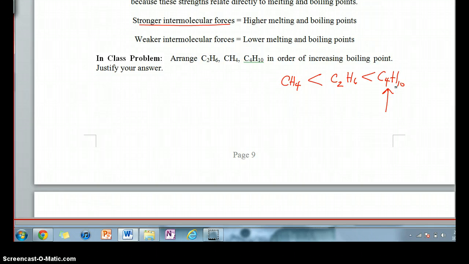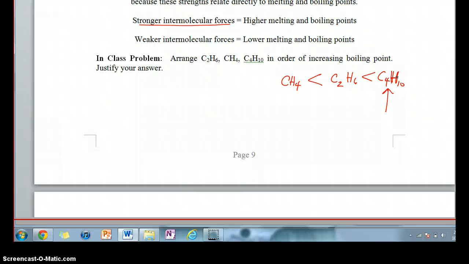These all have London dispersion forces. You could argue that they have dipole-dipole as well, but carbon and hydrogen are predominated by London dispersion forces. Either way you think of it, C4H10 has the largest molar mass and therefore is going to be more polarizable when we're thinking about London dispersion forces.